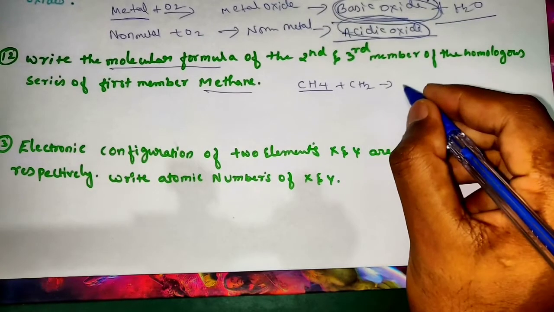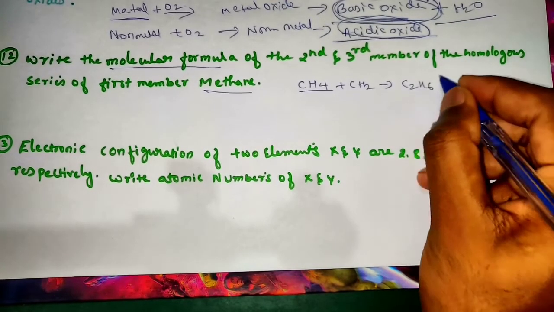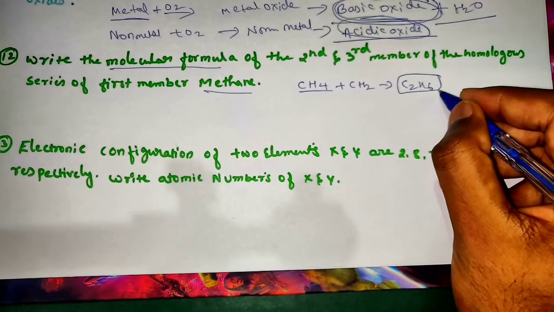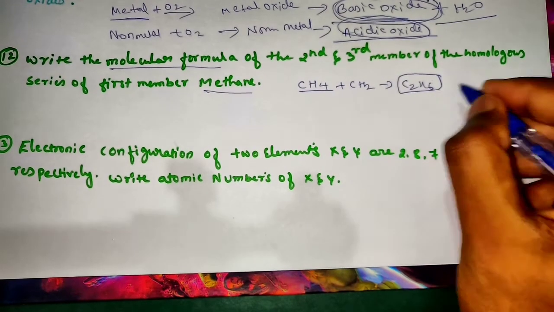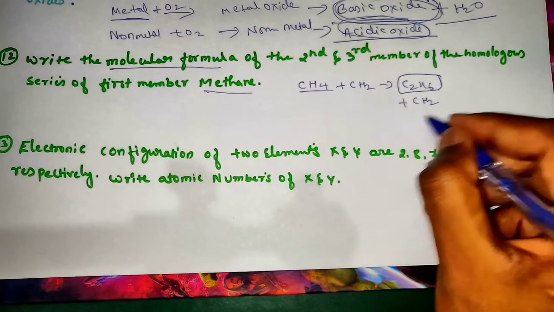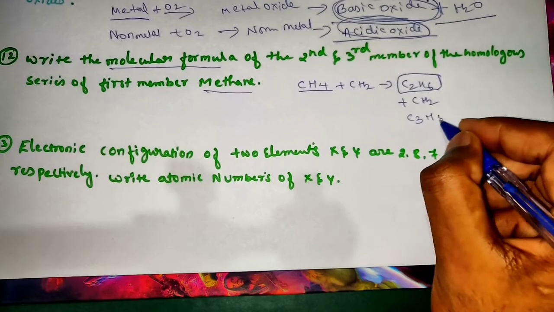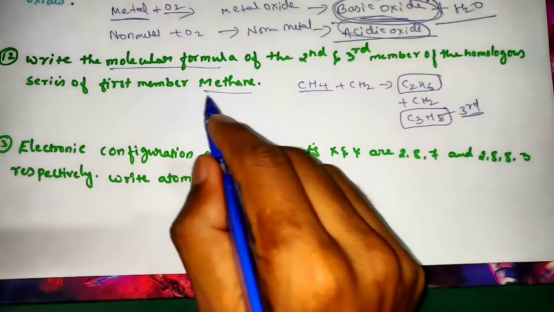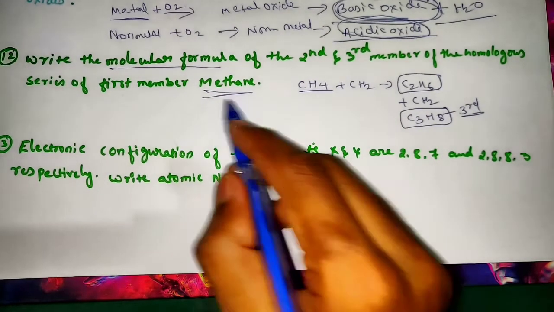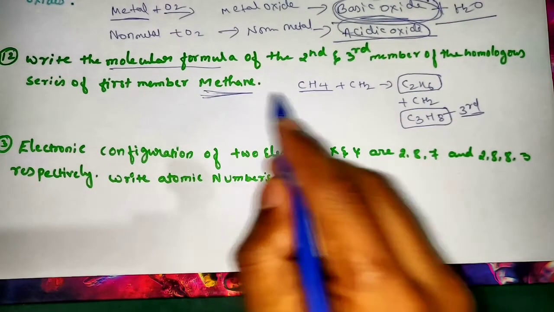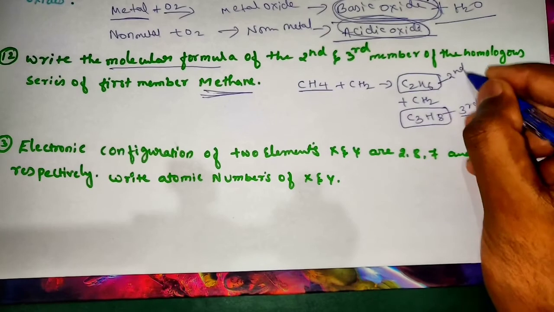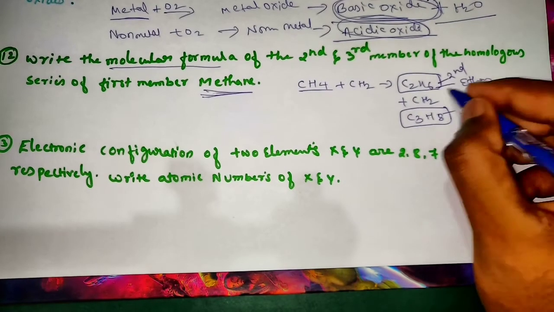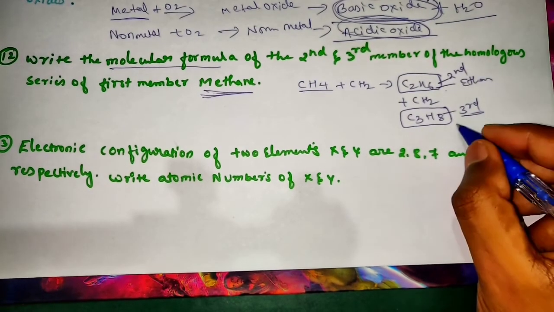Then what will come? C2H6. Okay, this is ethane. So this is the molecular formula of the second member. If you add CH2 again, it will become C3H8. This is the third member of the homologous series. So the first member is methane, the second member is ethane with molecular formula C2H6, and the third is propane.